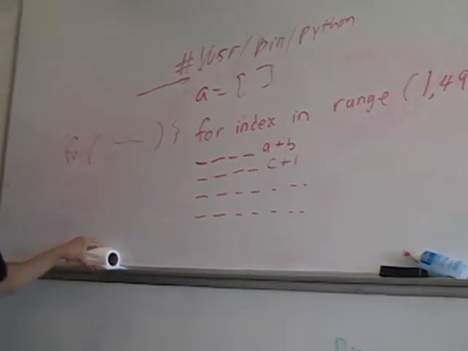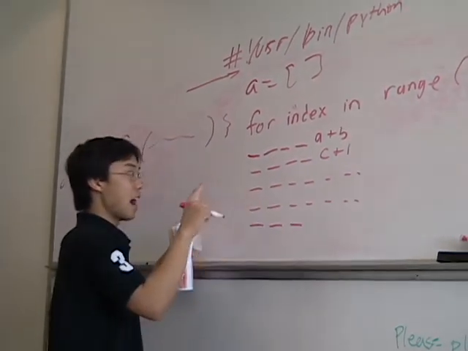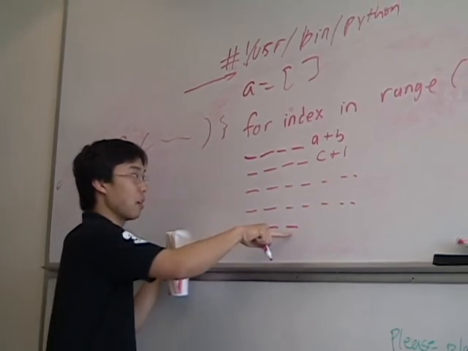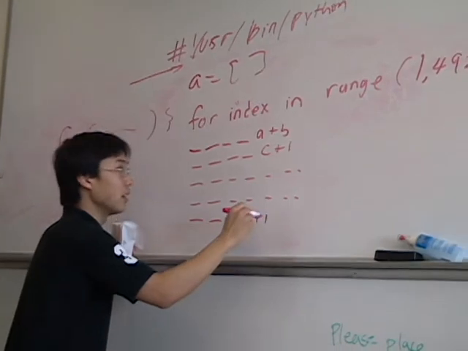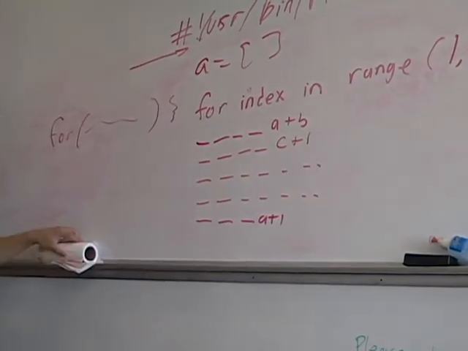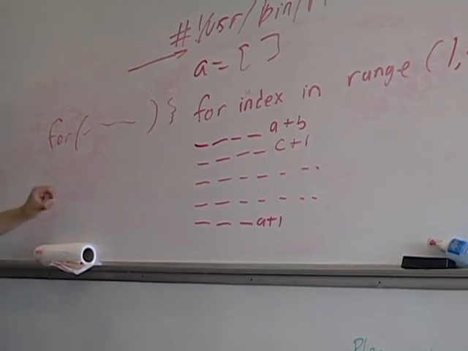Okay, what happens if I accidentally miss the space? I only hit the space bar 3 times, and I do A plus 1. Python will actually give you an error saying there's an error in an indent.